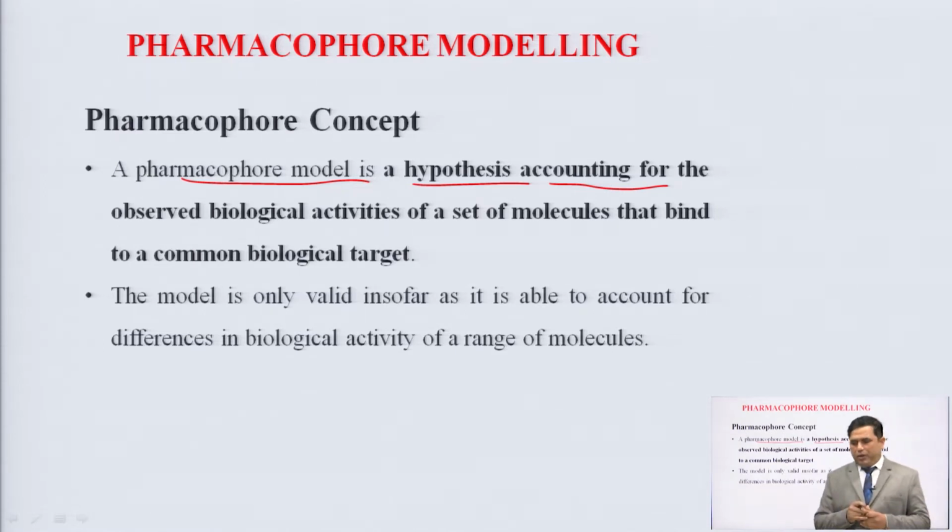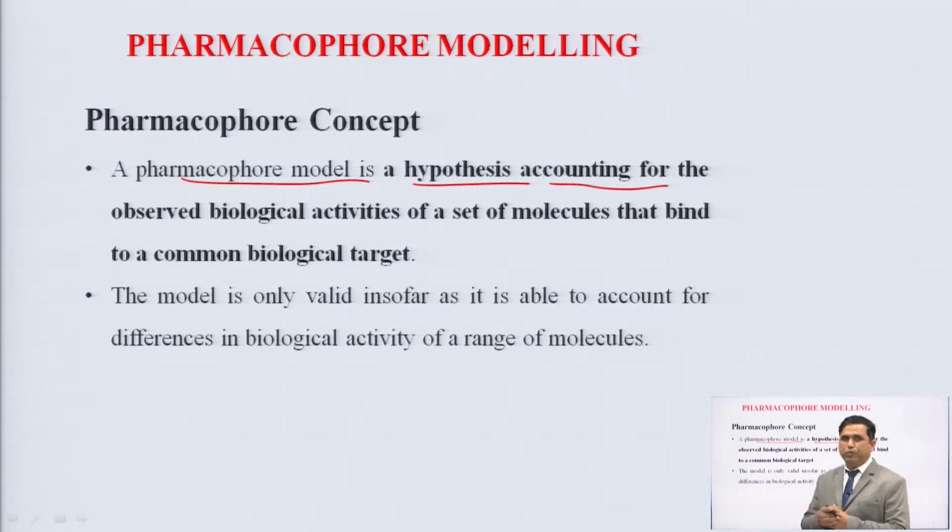On this, we have to determine a particular set of molecules. That set of molecules combines with the target and shows its biological effects, and this model is able to account for differences in the biological activity of a range of molecules.